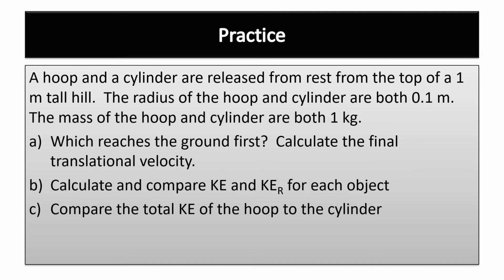What do you think? I don't know. And then we're going to add them together for each one and say, okay, are the total kinetic energies the same? Are they different for the hoop and the cylinder at the bottom of the hill? What would you expect that comparison to look like? Okay, if you want, you could try it on your own first. Let's see what we got.